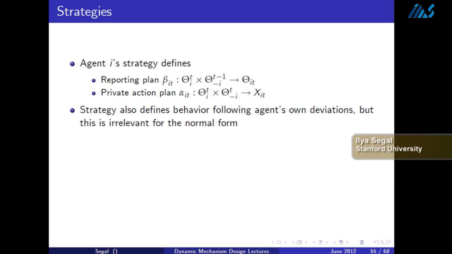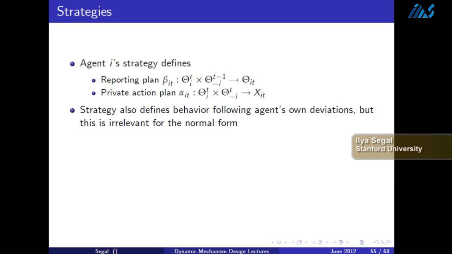Okay, it turns out given our proving approach, we will not really have to worry about what he does off path. So in the normal form view of the game, we are not going to do it using the one-stage deviation principle or anything like that. We'll just do it in the normal form of the game where this is the strategy, and then he can deviate. He can have a multi-period deviation to a different strategy.